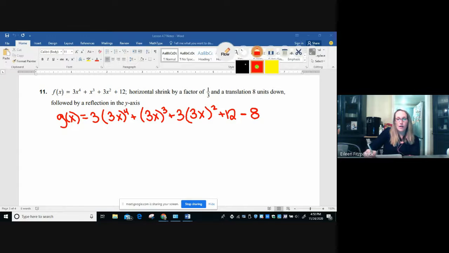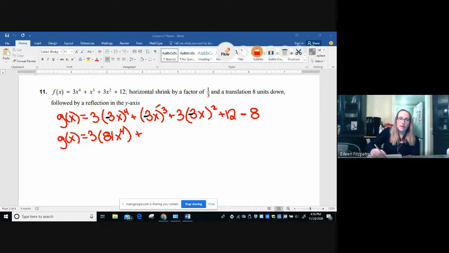Reflecting in the y means that inside the parentheses with the x is where the negative goes. And this is why I decided not to simplify quite yet. Okay, the negative there is going to take care of the reflection in the y-axis. Now I'm going to clean everything up. All right, so I'm going to have 3, and then I'm going to have negative 3 raised to the fourth, which is a positive 81, x to the fourth.